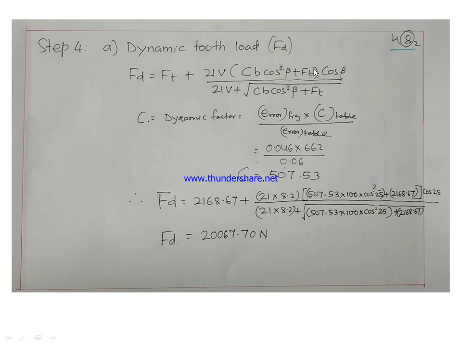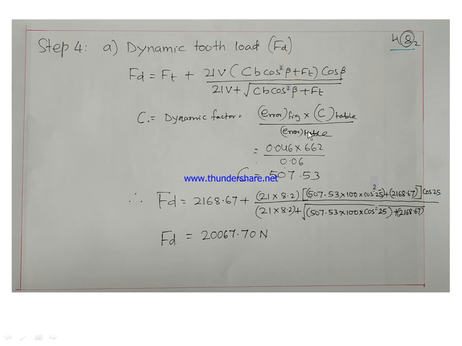Now by using this standard equation for dynamic load, we calculate Fd, and for that we need to find out the dynamic factor C. So based on the velocity, you have to choose the permissible error from the figure, and with this value move to the table where C values are listed. There also the permissible error is there.